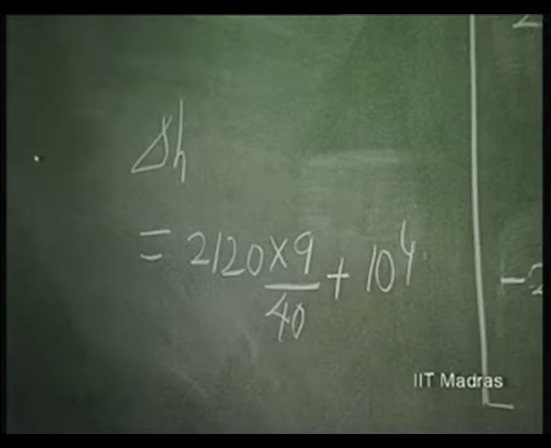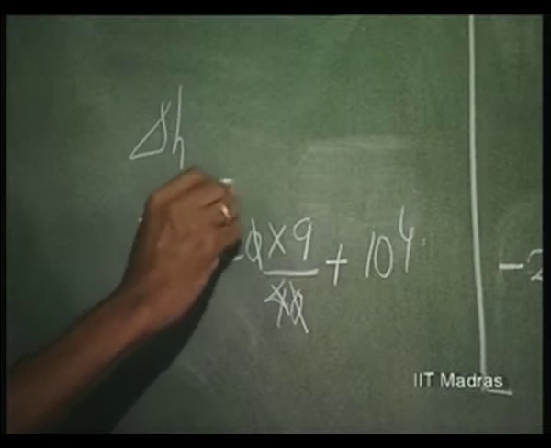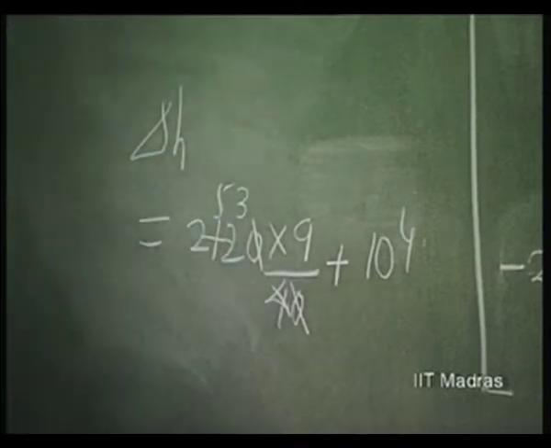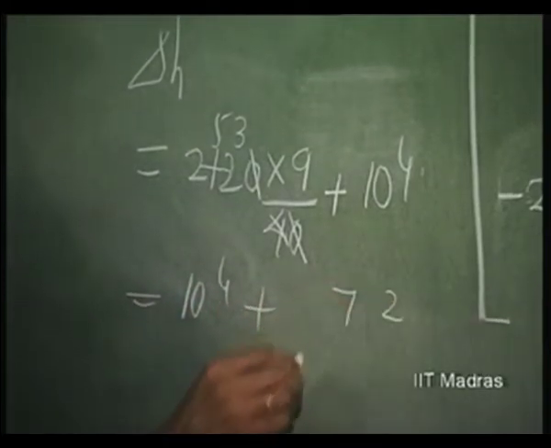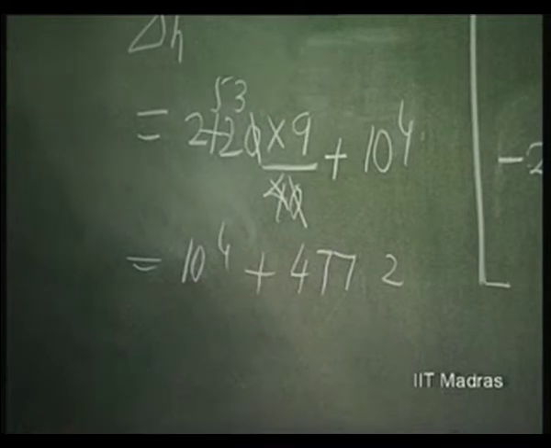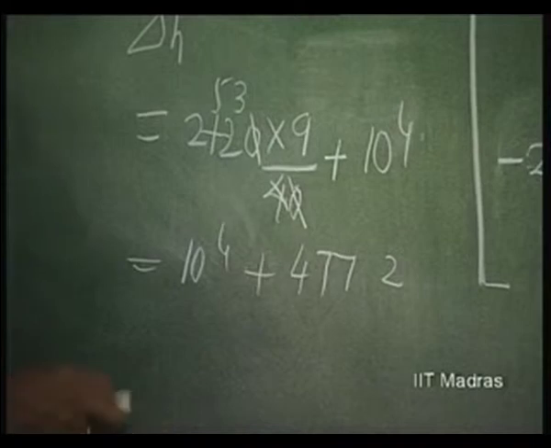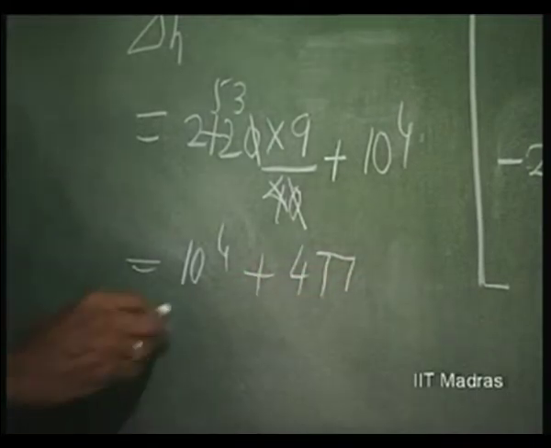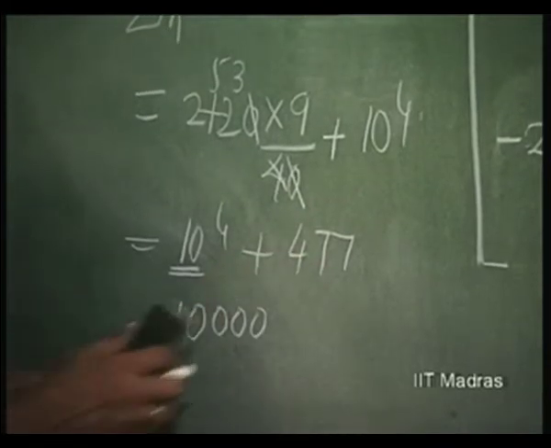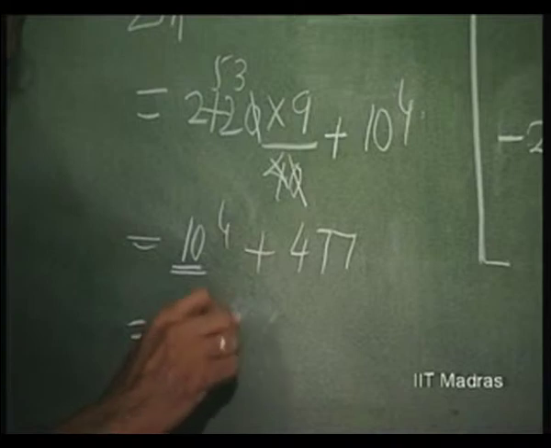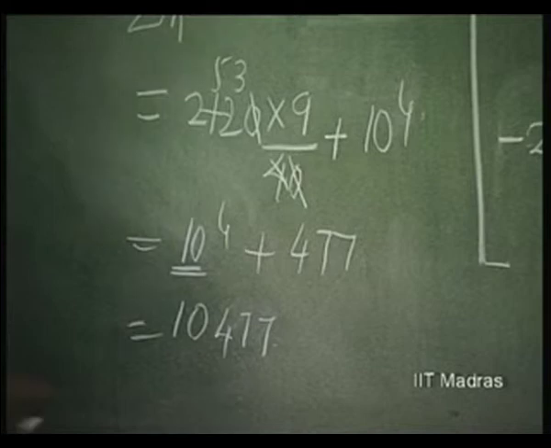So, 10,000 plus about 500, 477. So, essentially 10 to the power 4 dominates.